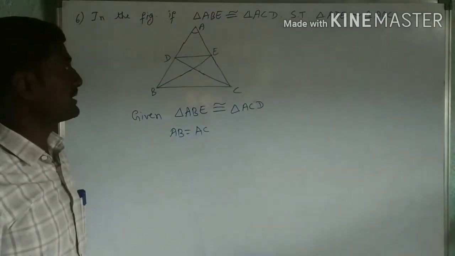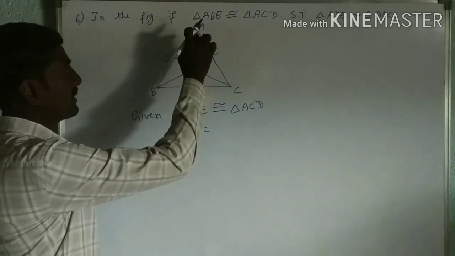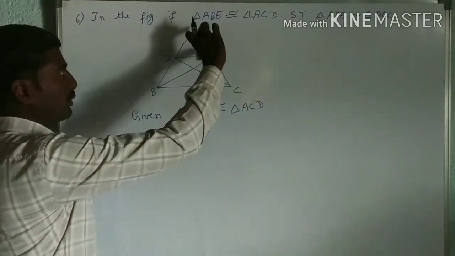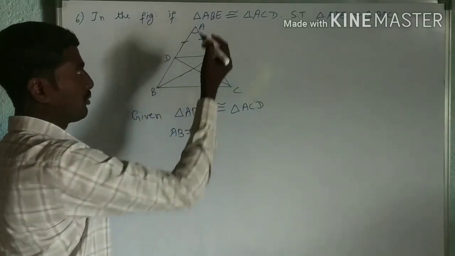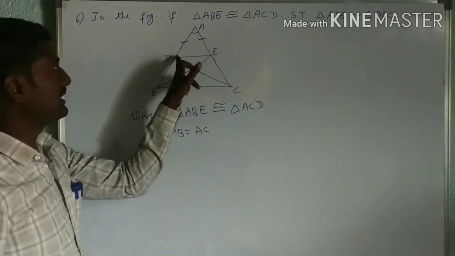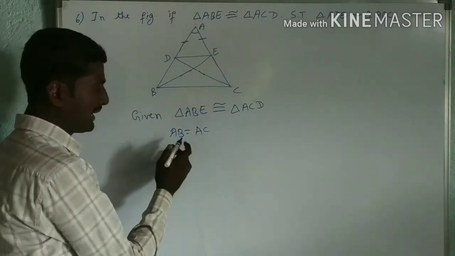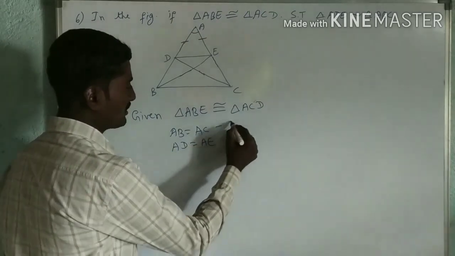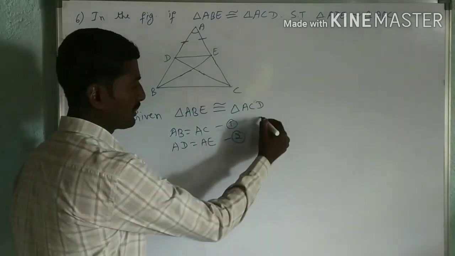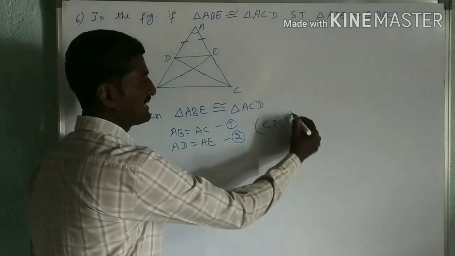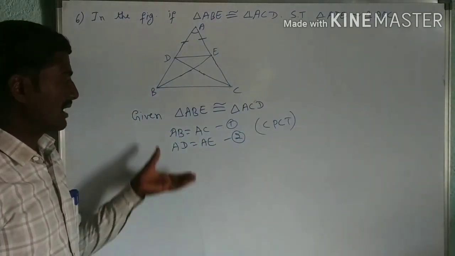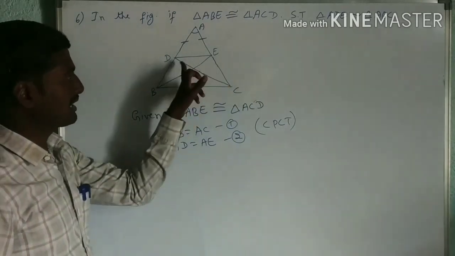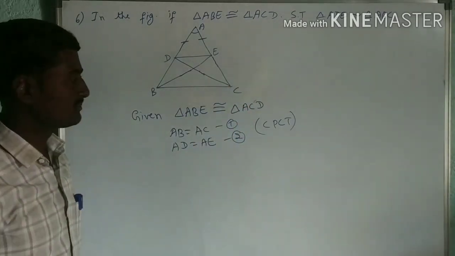And one more side: AD is equal to AE. Now I'll write only two conditions, AB equals AC and AD equals AE, as equation number 1 and equation number 2, because of the CPCT rule. I don't want the third one, BE equal to CD, so I have not written it.